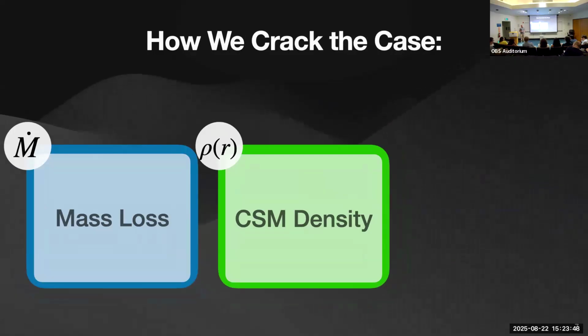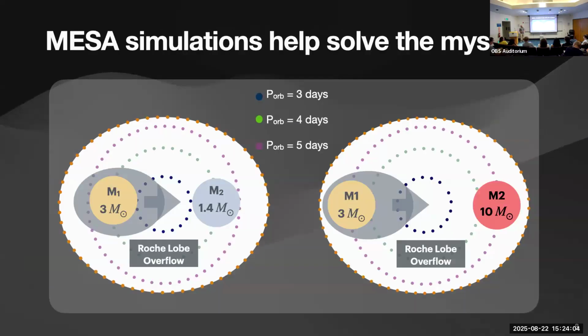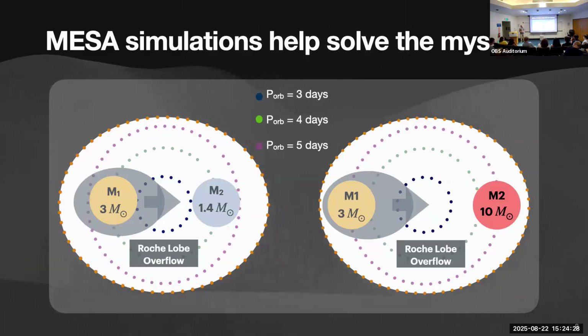We used Mesa, and among factors, we have two different accretor masses, and the other being orbital period. They are color coded.